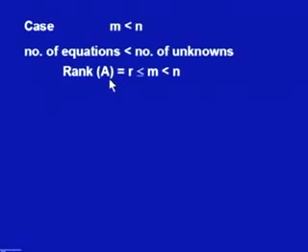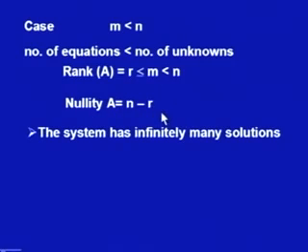Rank of A is equal to R, which will be less than or equal to m, but since m is given to be less than n, rank R will always be less than n. Then according to the rank nullity theorem, nullity of A is n minus R, and the system again will have infinitely many solutions.